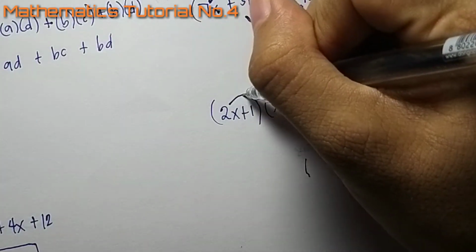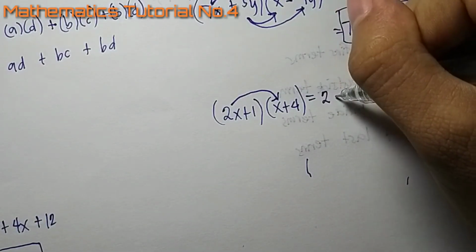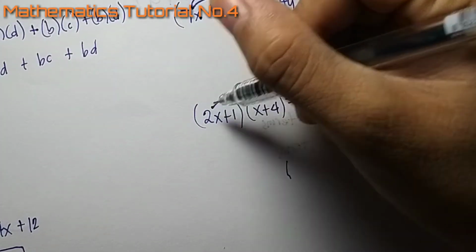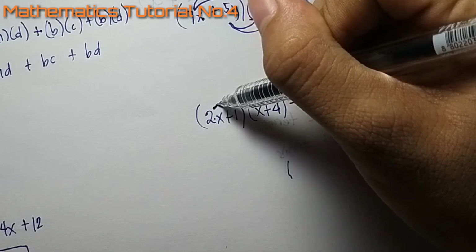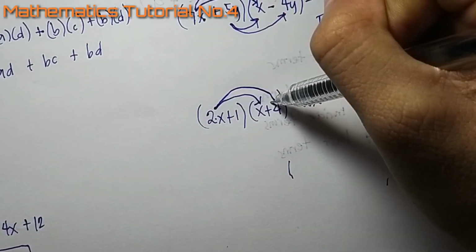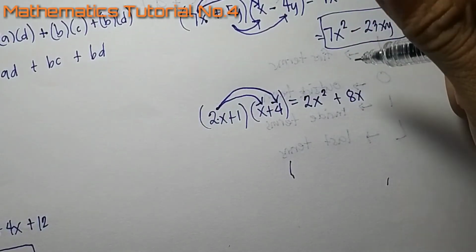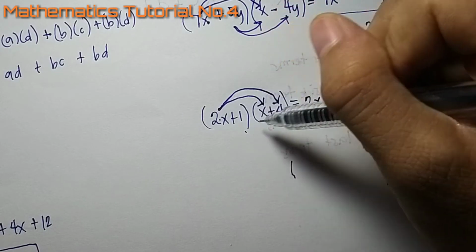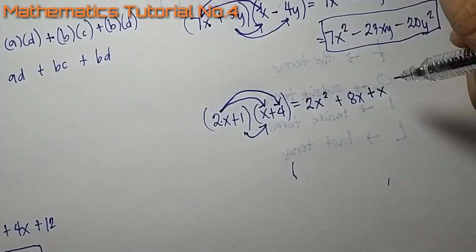So, 2x times x, that is 2x squared. Next, the outside terms, kini si 2x ug si 4. So, 2x times 4, that is 8x. Next are the inside terms. So, the inside terms are 1 and x. So, 1 times x, that is x.